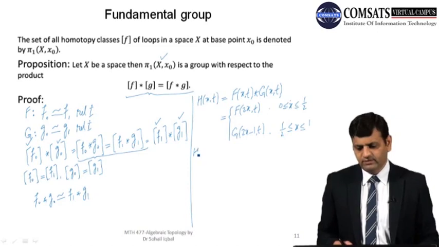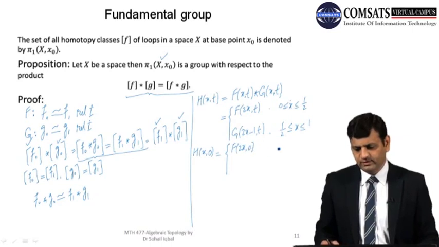Now let's see what H of x, 0 is. When t is equal to 0, this becomes F of 2x, 0 for x from 0 to 1 by 2, and G of 2x minus 1, 0 for x from 1 by 2 to 1.